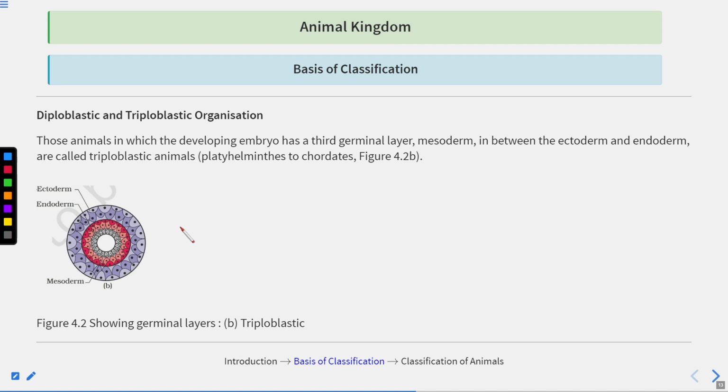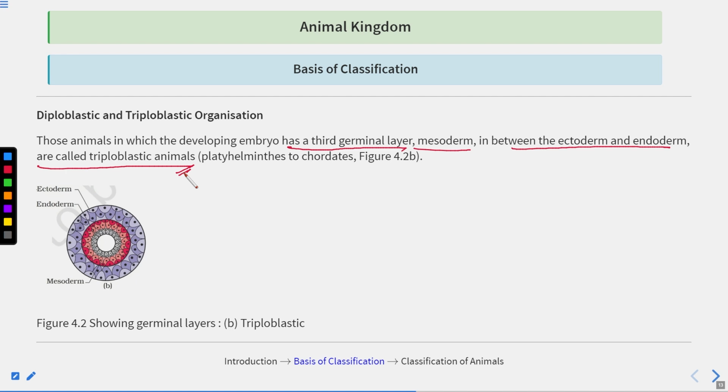Those animals in which the developing embryo has a third germinal layer, the mesoderm, in between the ectoderm and endoderm, are called triploblastic. The organism is called triploblastic because it now has the third layer. Ectoderm is outermost, then comes the middle layer, the mesoderm. Here it is a special cell layer.